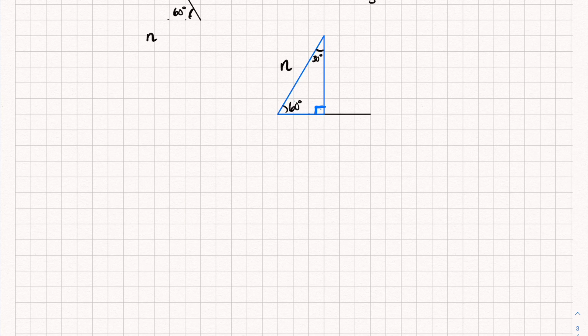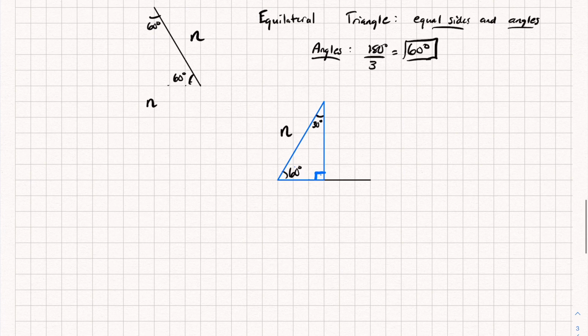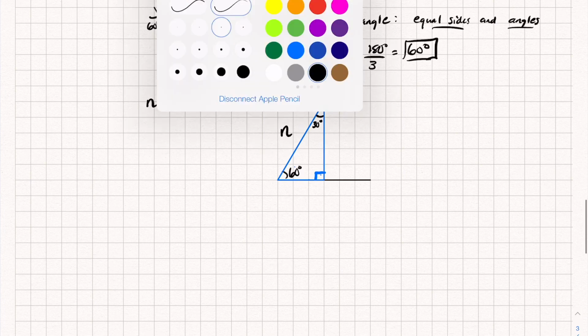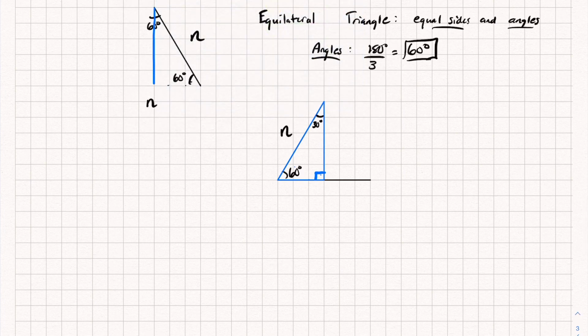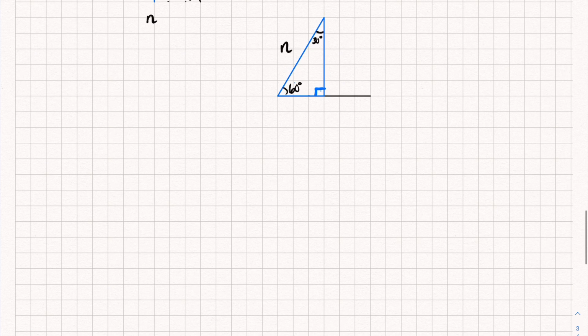And I know that because all three angles have to be 180, but I also know that based on the construction. Remember what I did is I took this equilateral and I cut it in half. I'm literally bisecting this angle, 60 divided by 2. Now, also remember that this original bottom side here was n, but this side is cutting it in half. So what is this side?